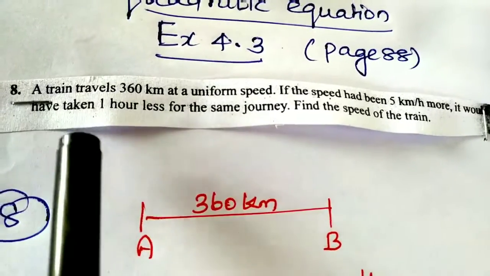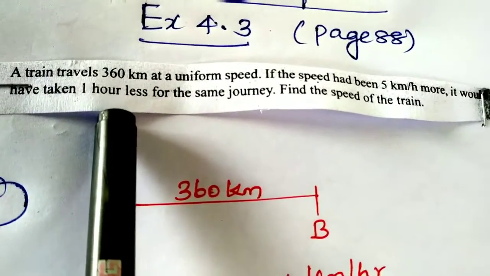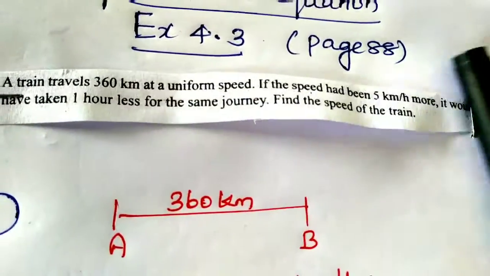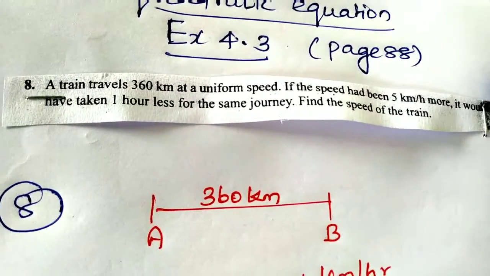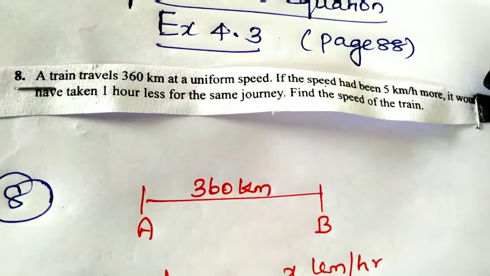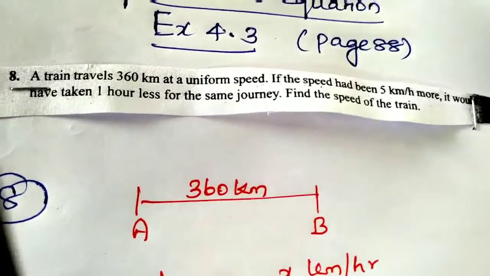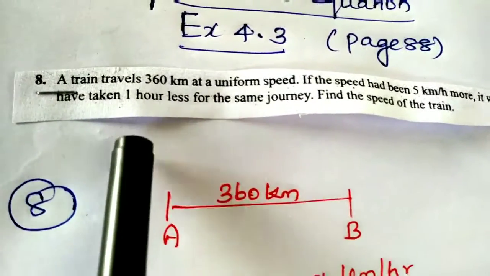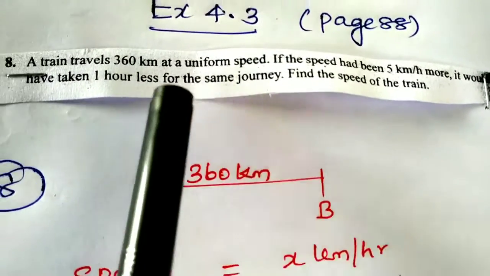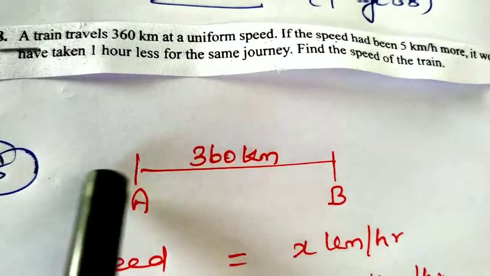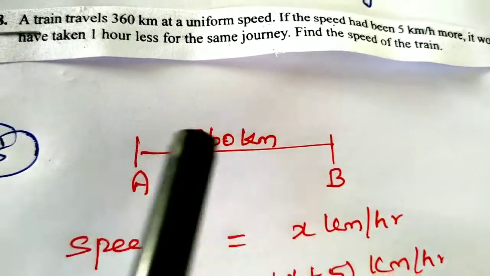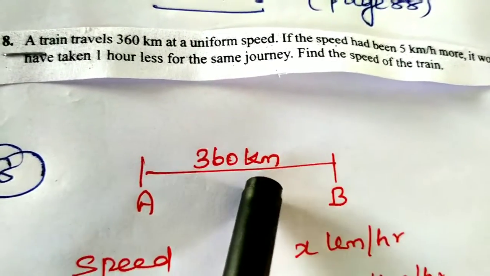A train travels 360 kilometer at a uniform speed. What is the distance traveled by the train? 360 kilometer.